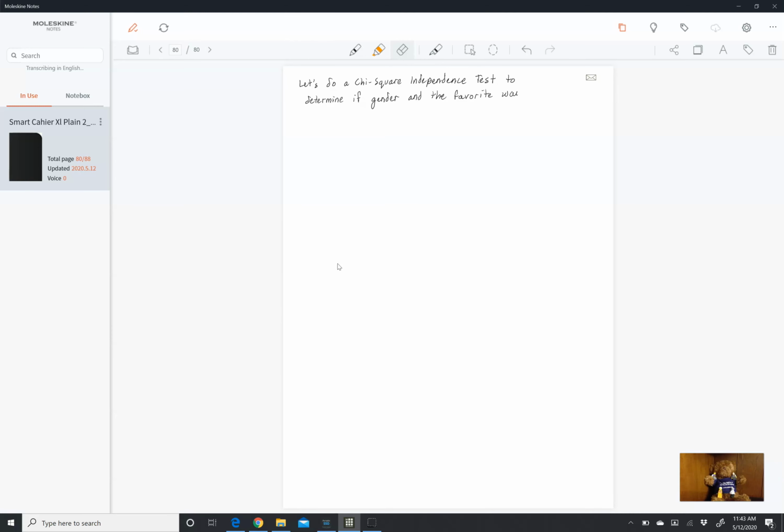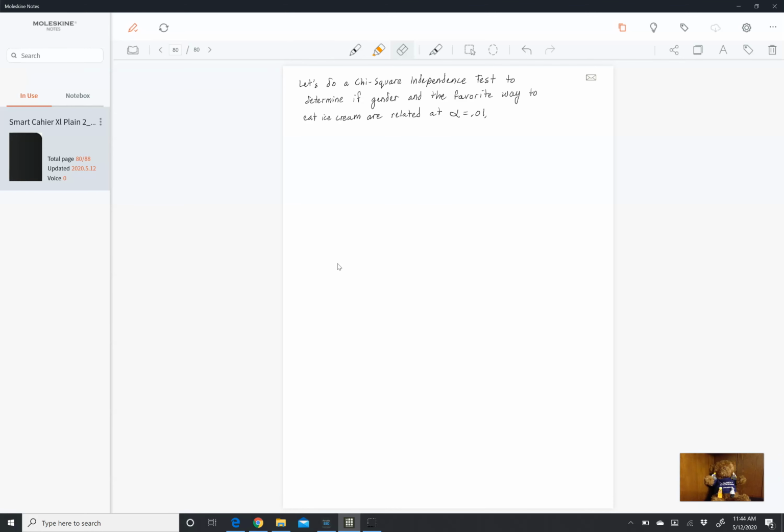So gender and the favorite way to eat ice cream are your two variables. Let's use a level of significance of 0.01. Okay, so you already have the data.